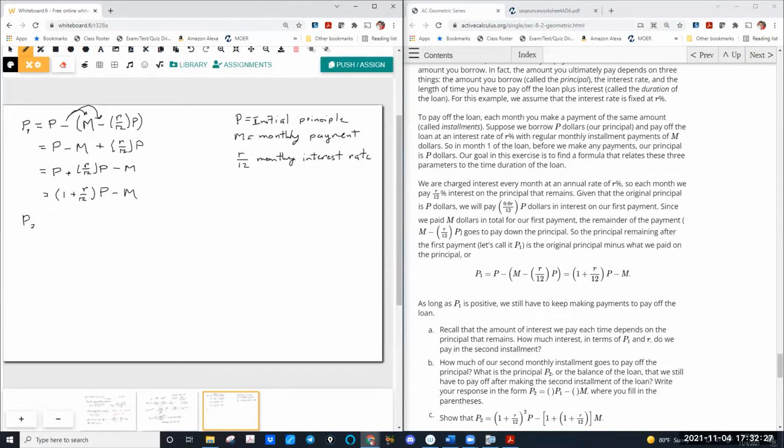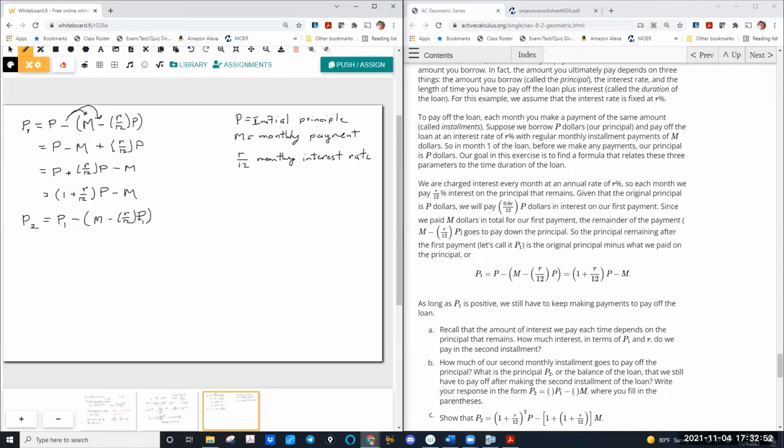So the principal left after 2 payments is going to be the principal after 1 payment minus the amount of the mortgage that goes towards the principal, which is our monthly payment, less the amount we pay in interest, which again now is based on the principal after 1 payment.